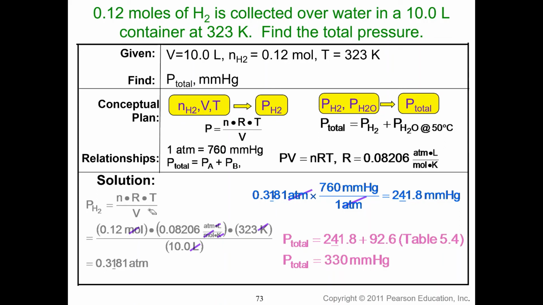If you've done it right now, you see the water vapor pressure at 50 Celsius is 92.6.